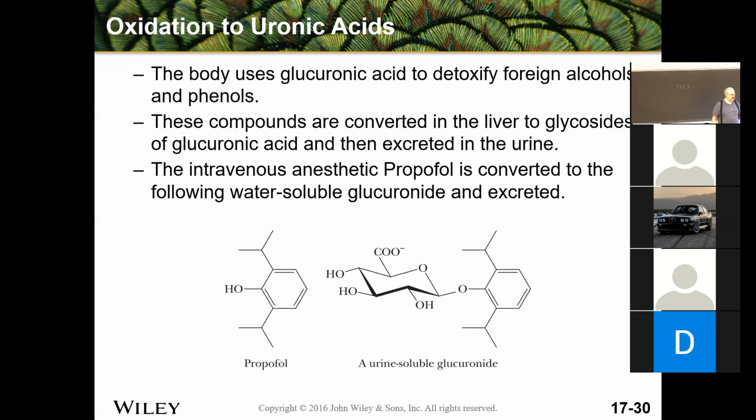The body uses this glucuronic acid to detoxify foreign alcohols and phenols. These compounds are converted in the liver to glycosides of glucuronic acid and then excreted in the urine. The intravenous anesthetic propofol is converted to the following water-soluble glucuronide and then excreted.